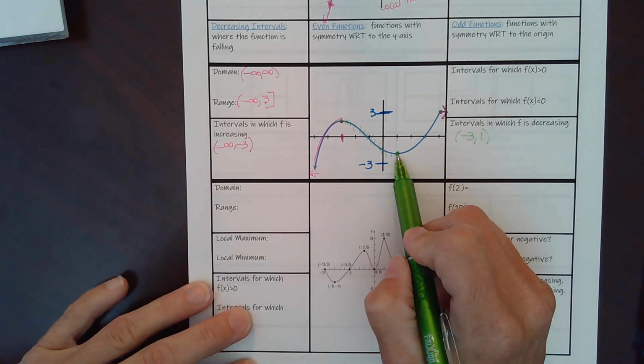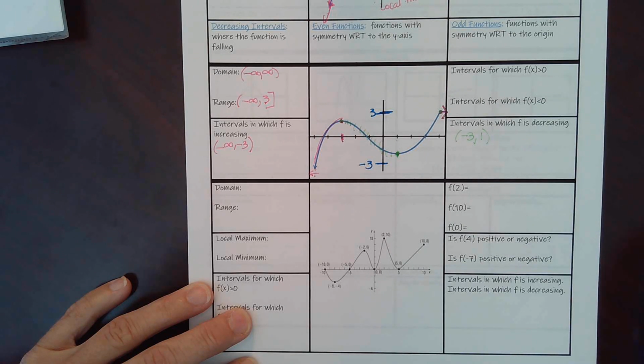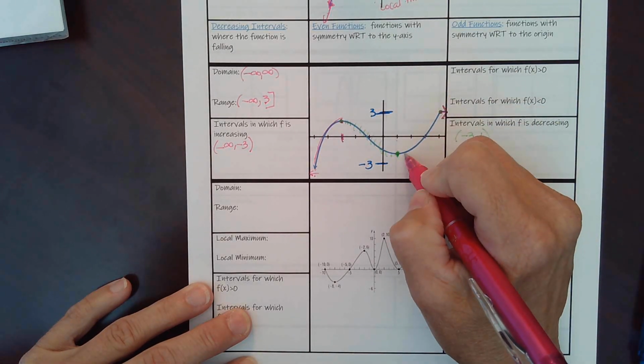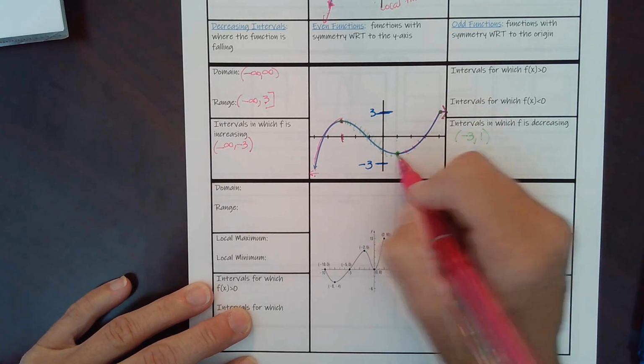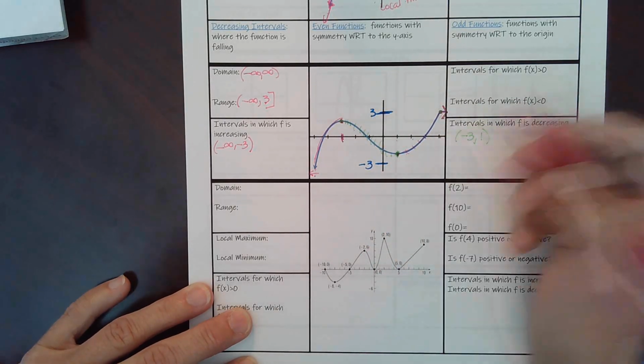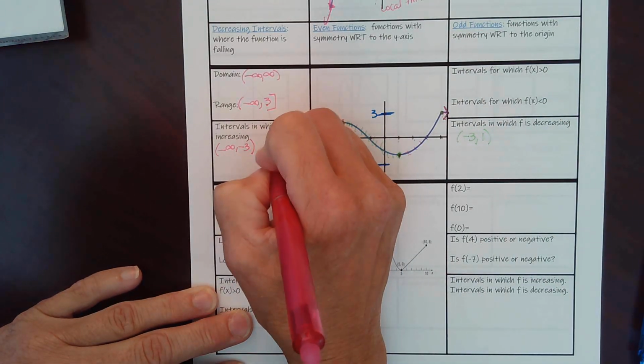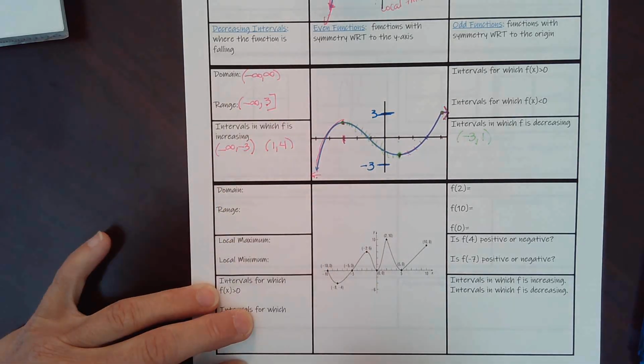Then at positive 1, the graph begins to increase again, and from 1 until 2, 3, 4. So it increases from 1 to 4.